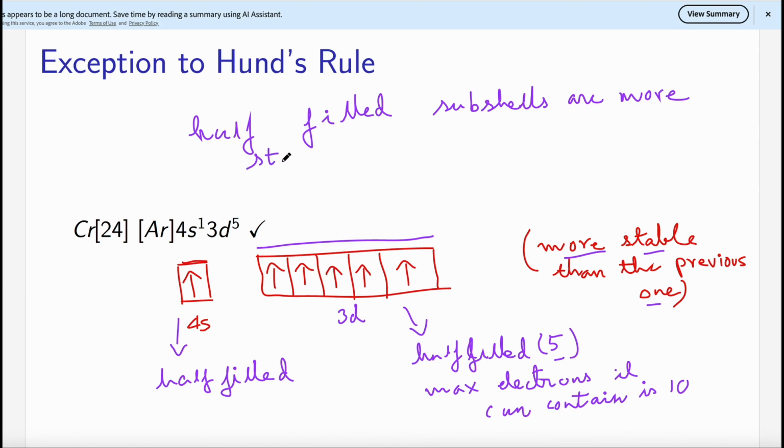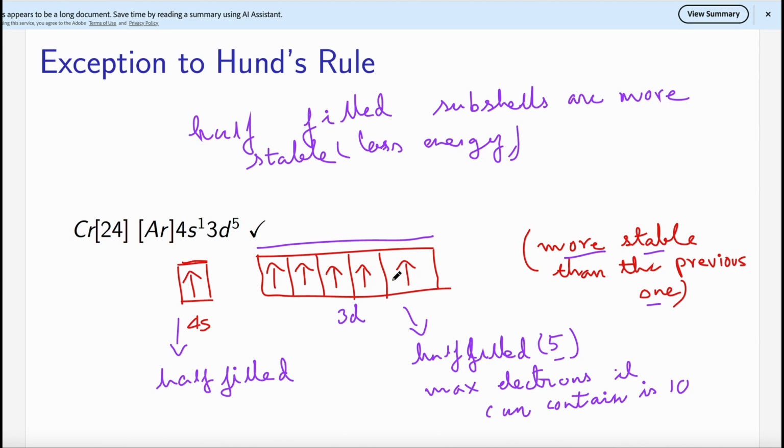More stable means having less energy, and this is what we want. Half filled is more stable, meaning it has less energy.